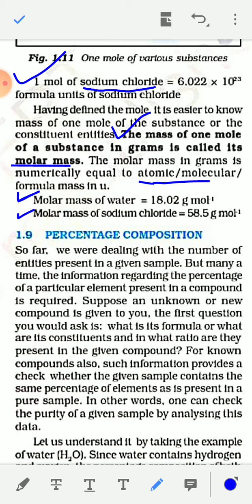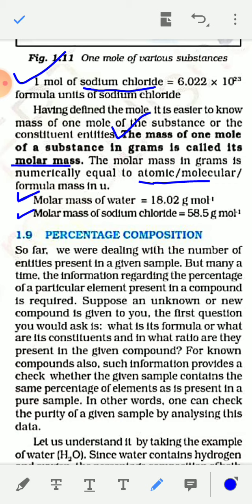So the molar mass of water is 18 gram per mole. If the molecular mass is expressed in grams, then it is known as molar mass.